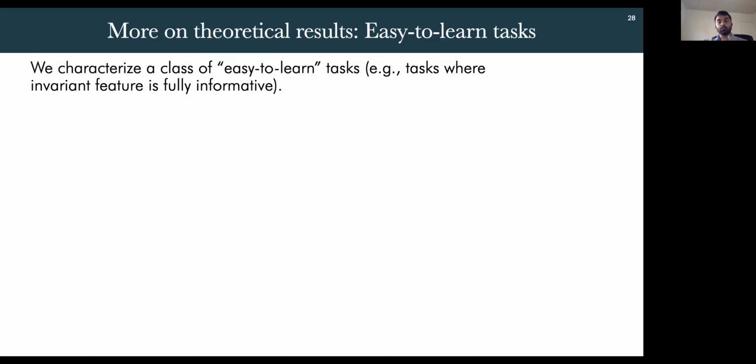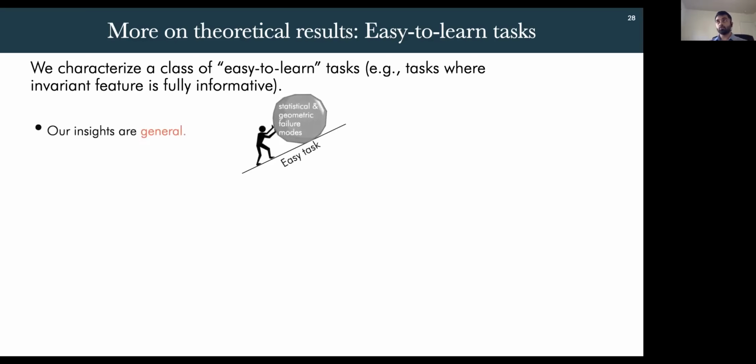These are tasks where the setting is designed to be easy for the classifier to work successfully. For example, these are tasks where the invariant feature is fully informative of the label. And we show that even in these easy tasks, classifiers can fail due to geometric and statistical skews.